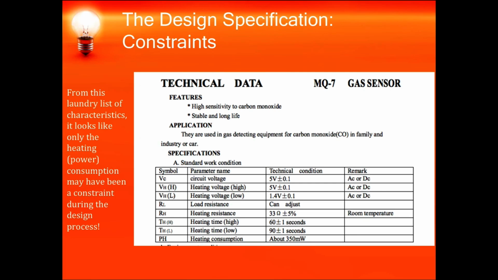In this example, although many constraints are listed for system operation, it looks like the only one that was critical during the design process is the one constraining the overall power consumption of the sensor at about 350 milliwatts on the last line of the product specification. Existing product specifications can be useful in getting us in the ballpark of what our design constraints should be, but will also need to be grounded in other knowledge of the application of the design in order to make it into an actual design specification.